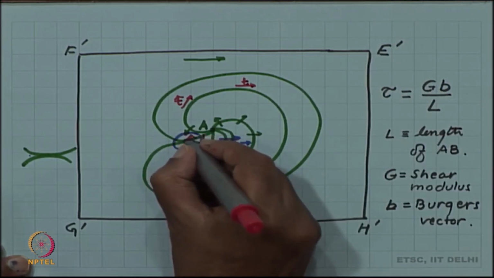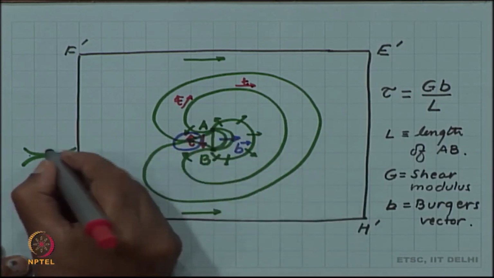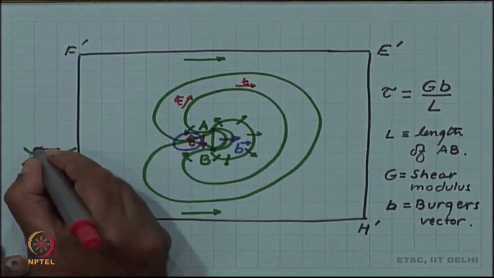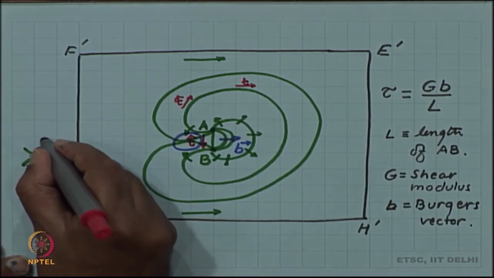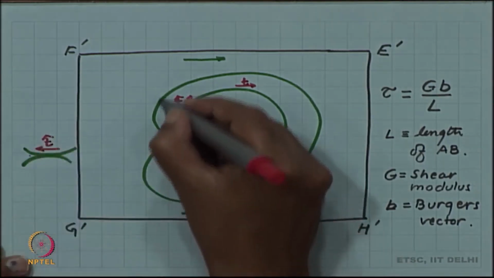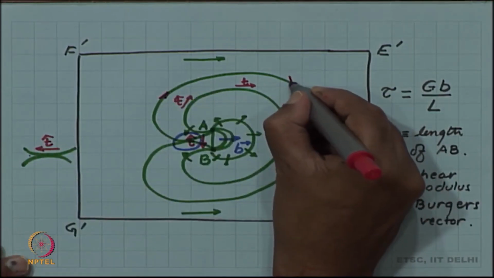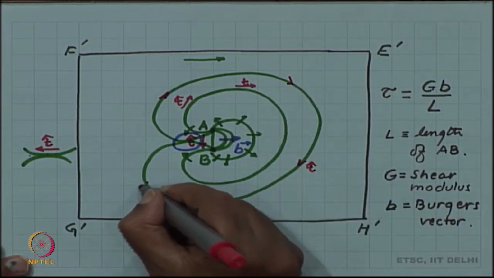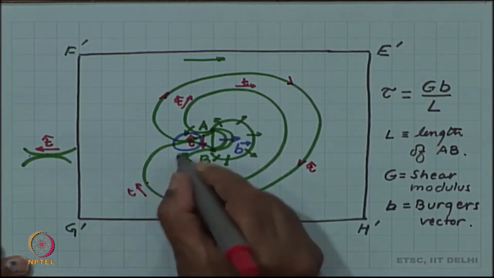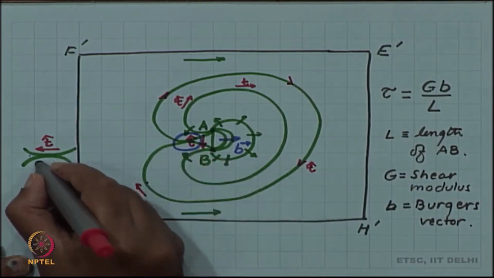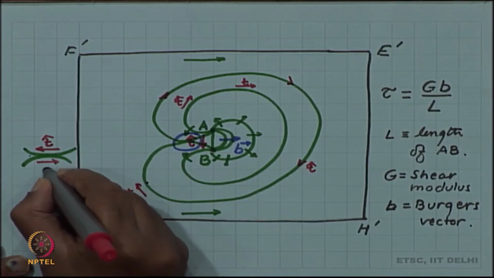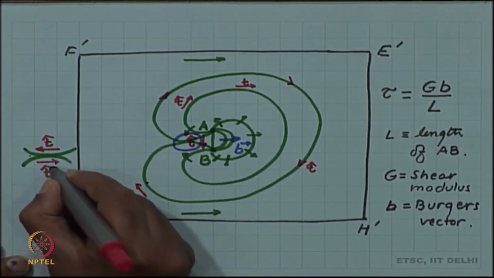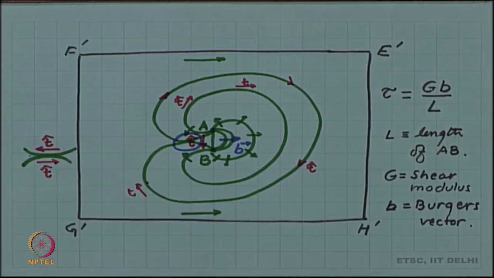So, in this case, the T vector starting from A will be pointing to the right, but then when it takes its entire journey along the loop, it will come back in the opposite direction. So, these two segments have opposite T vector, but what about the B vector?